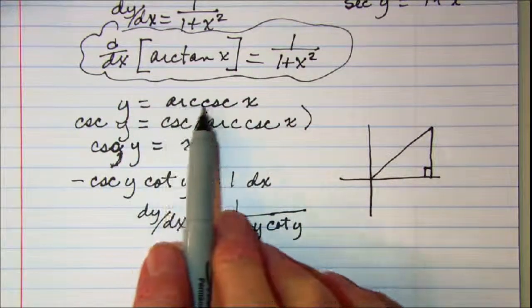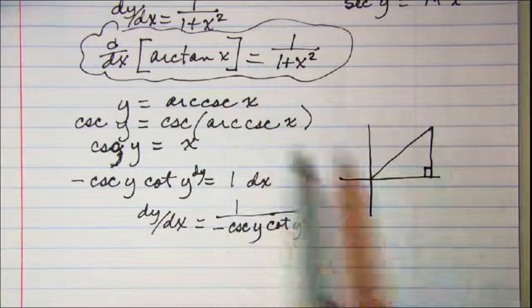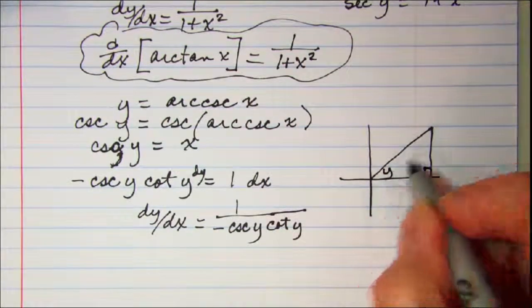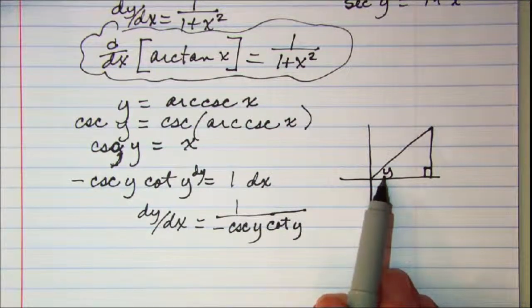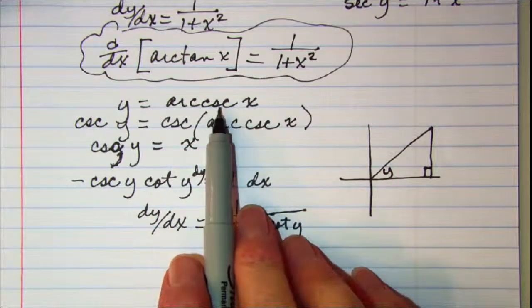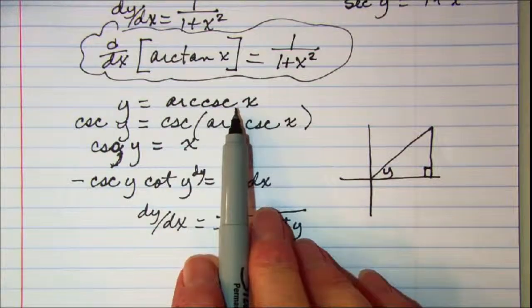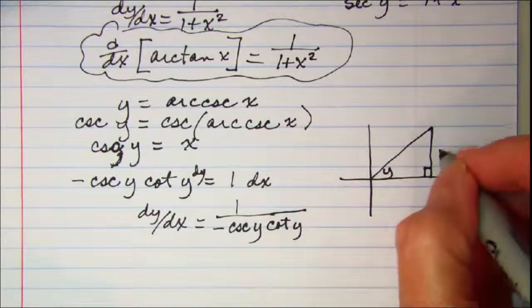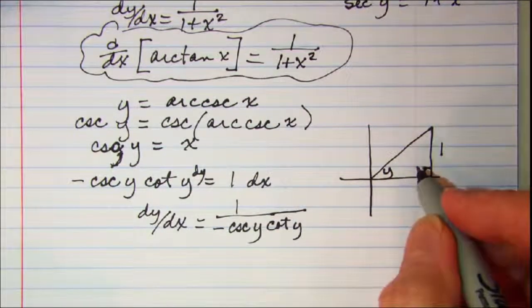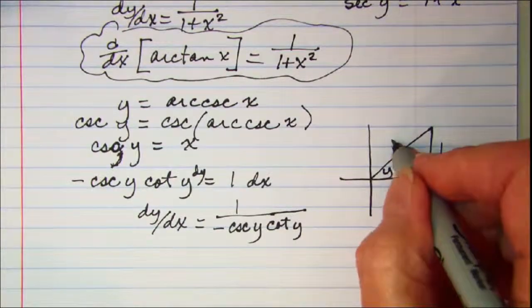Y is the angle whose cosecant is x, so I'll put my angle here, call that y. Cosecant is the reciprocal of sine, so my opposite here is going to be 1, and my hypotenuse is x.